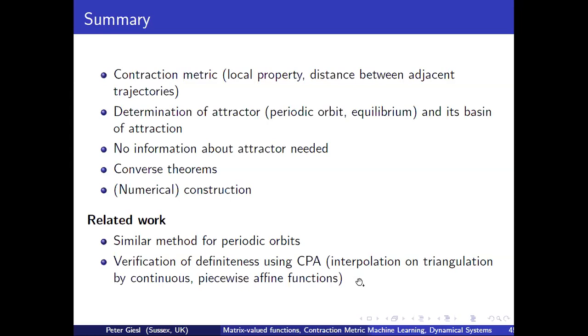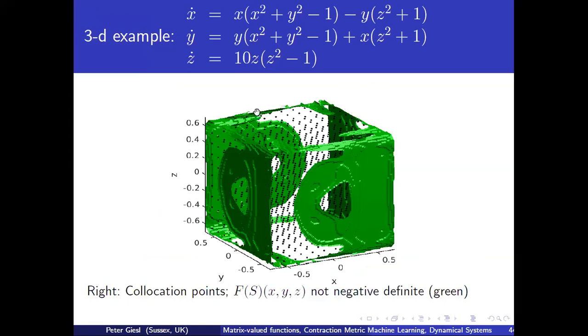Another work that is being done as we speak, and we've published already some results of that, is kind of the next step. We've seen here numerical construction methods that construct these contraction metrics. What we've now done here is check that they have the right sign in this area. This was done by just checking the conditions on a lot of points in between and hoping nothing goes wrong in between.